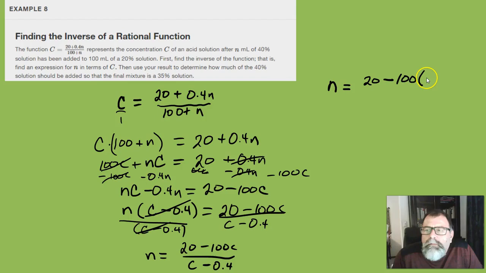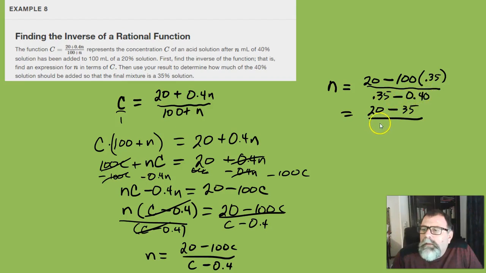So we're going to put the 0.35 in here for C. 0.35 minus 0.4 is minus 0.05. And this would be 20 minus 35, which is negative 15.